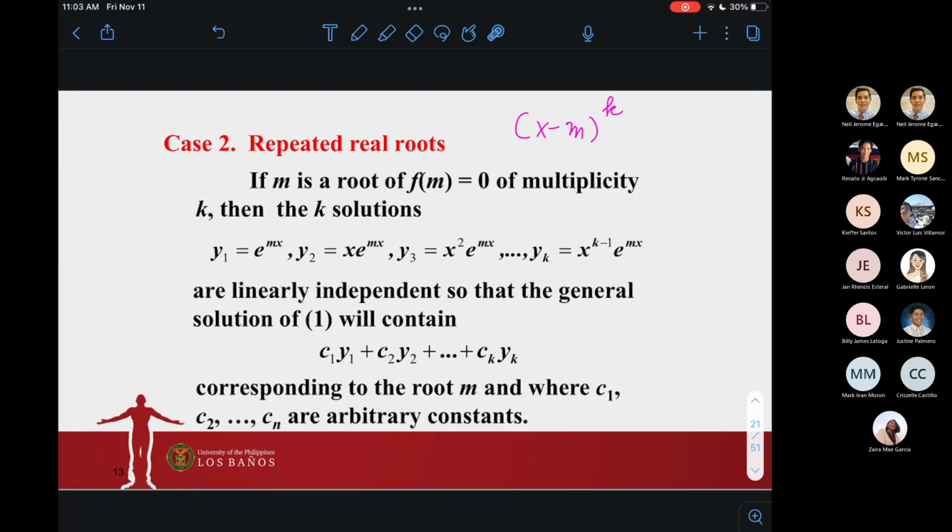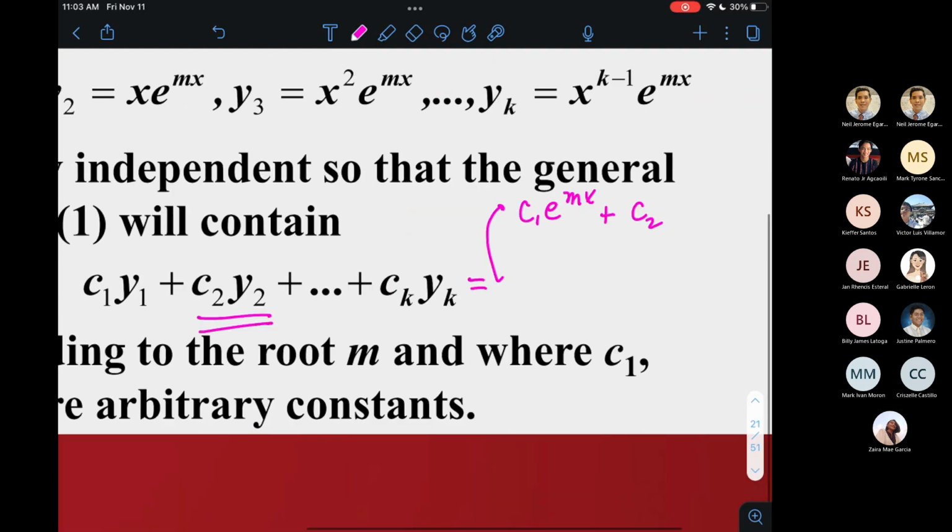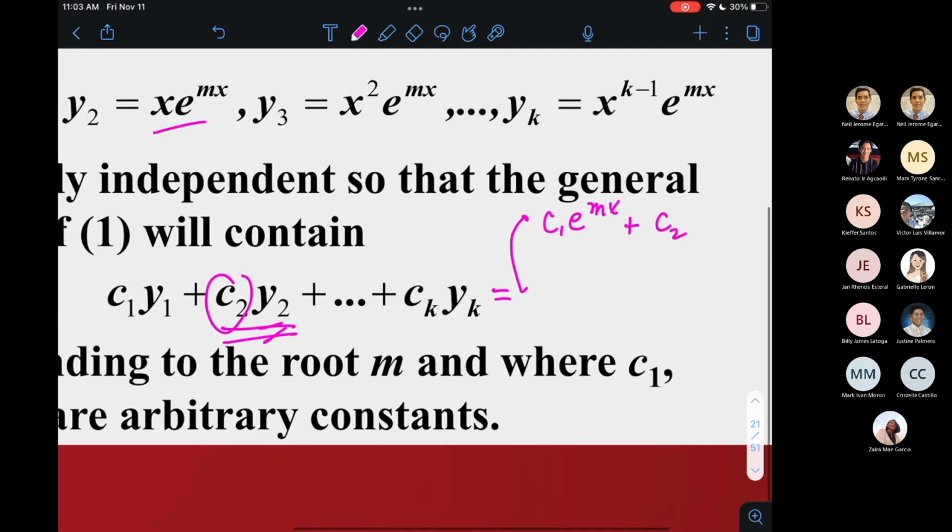All right? Now, you can simplify this and you can say na, okay, pag kinuha ko yung linear combination nilang lahat, so magkakaroon ako ng C1 times e to the mx. Sige, expand ko nga to para mas makita nyo yung nangyayari. So, ito ay C1 e to the mx plus C2 times Y2. So, copying ko si C2, tapos si Y2 daw ay equal dito.